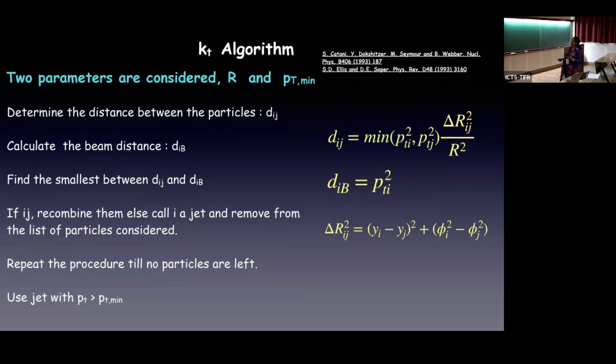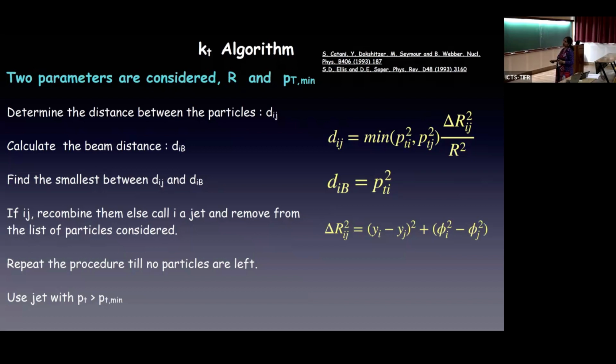Once you have a final set of hadrons, you calculate the distance between the particles, which is given by this. Distance means in terms of rapidity y and azimuthal angle, and you do this for all the particles in the event.